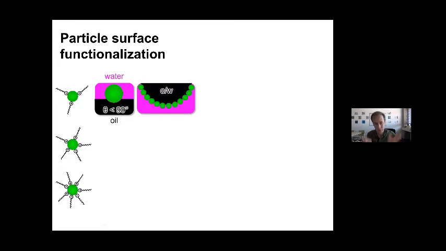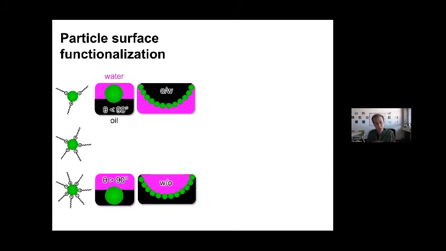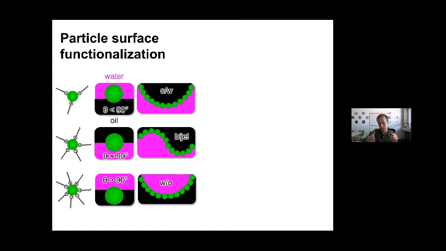Such a particle with a contact angle smaller than 90 degrees typically stabilizes oil-in-water emulsions. On the other hand, if you have a particle that is really hydrophobic, that prefers the oil, then you get water-in-oil emulsions. Now, only with particles that have a contact angle close to 90 degrees can you actually stabilize interfaces that have curvatures in both directions.